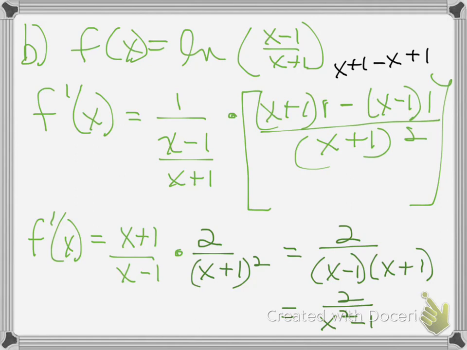All right, so how come I did that? Well, what I did was I canceled this power with this numerator. That became a 1. I then multiplied straight across. I have denominator times denominator. Either of these two answers is fine. So that's question B. So let's go on to question C.